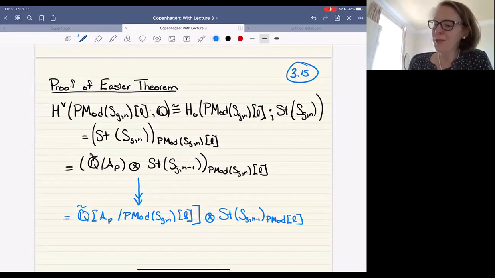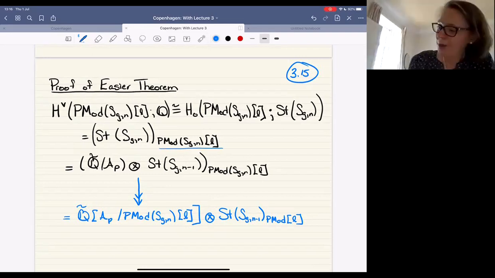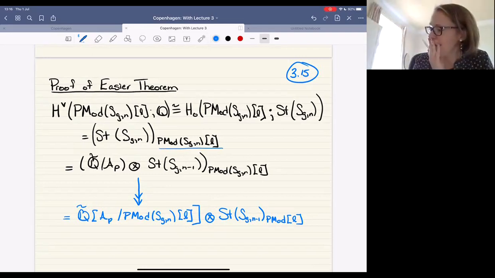So again, we start with our top homology for the surface S_{g,n}. We convert this into zeroth homology through duality, and once we're at the zeroth level, we're just looking at the Steinberg module, with the congruence group acting on it.